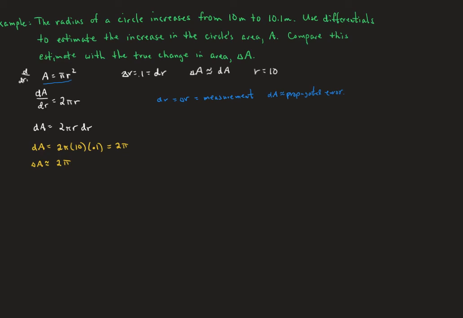So we can actually figure out the delta area in this case, because we can take pi times 10.1 squared minus 10 squared. So that's how the area does actually change if the radius goes from 10 to 10.1. And you could do that on your calculator, it is 2.01 pi.